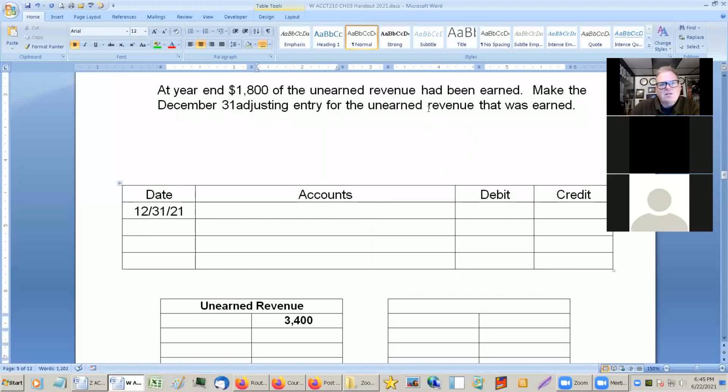And they tell us that 1,800. I could write that sentence a little bit better than I did here. They earned 1,800 of the unearned revenue. So 1,800 of it was earned. So what are we going to do?